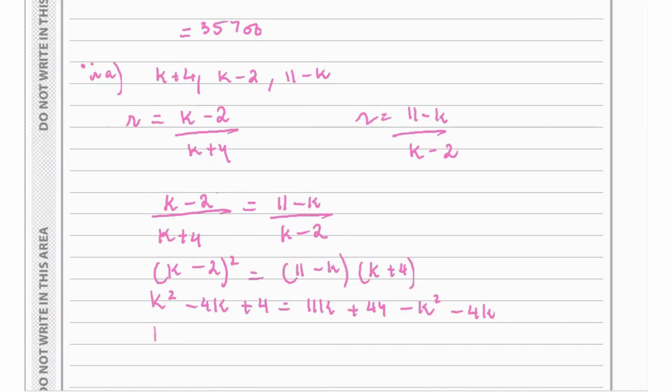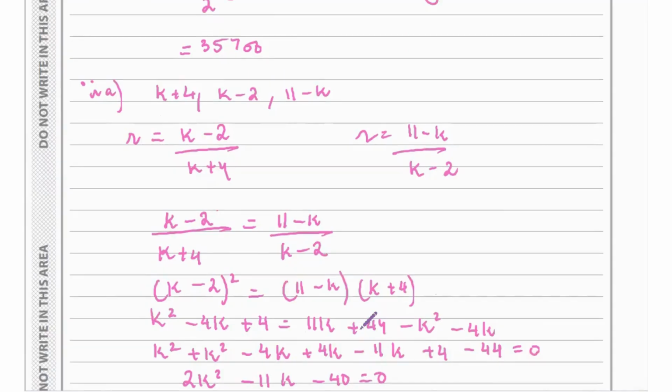It's going to be k squared plus k squared, minus 4k plus 4k, minus 11k, plus 4 minus 44 equals 0. That's 2k squared minus 11k minus 40 equals 0. That is the equation that was given in the question as well.